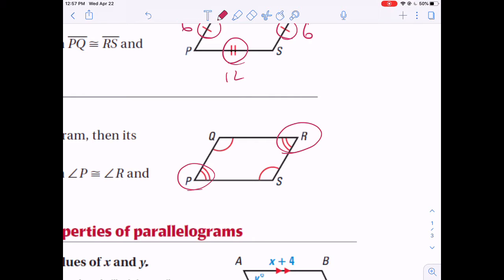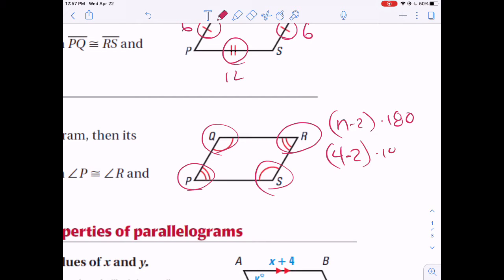And Q and S, single arc, are also congruent angles. And one other thing, this is a four-sided figure. N minus 2, times 180 tells you how many degrees the interior angles are. Four sides, so 4 minus 2 is 2, times 180, so it's got 360 degrees in the interior angles.